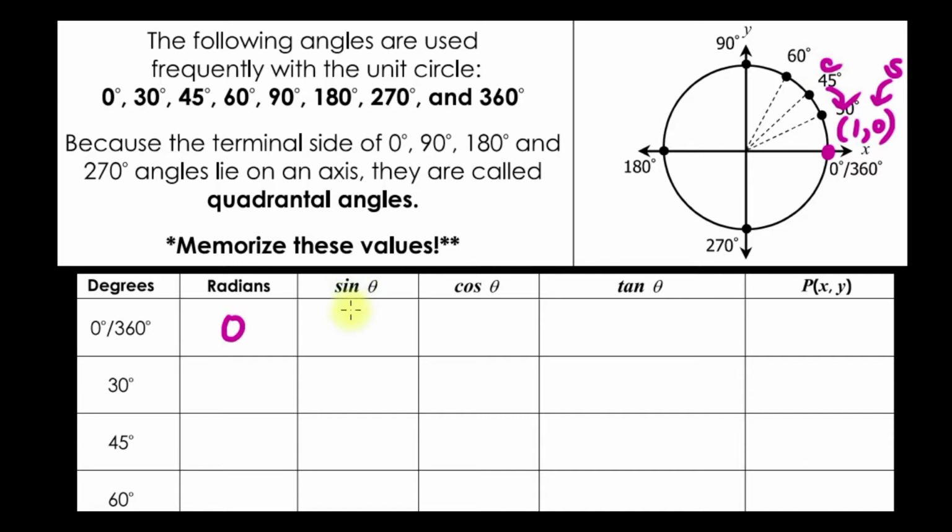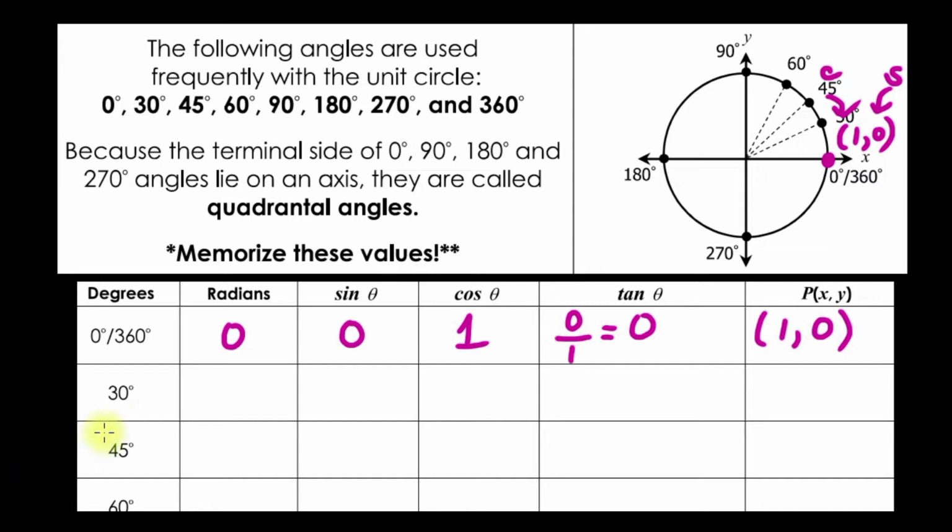So sine of 0 is 0, cosine of 0 is 1. Tangent is y over x, so that's 0 over 1, which is 0. And the point we have is 1, 0.